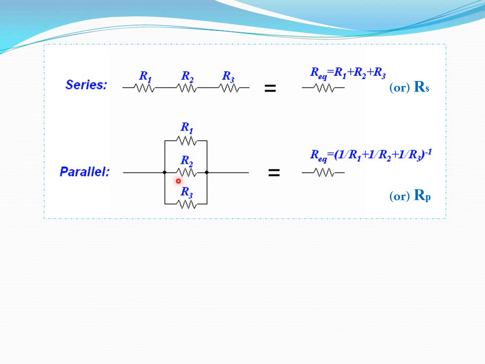Current I is divided depending on the resistance of the resistors. In the parallel combination, the equivalent resistance Rp is less than even the smallest resistance connected.